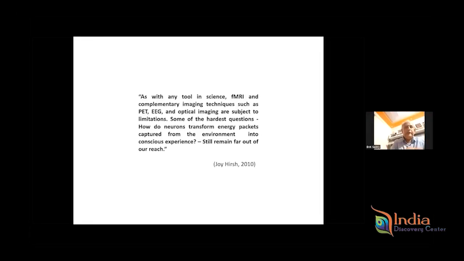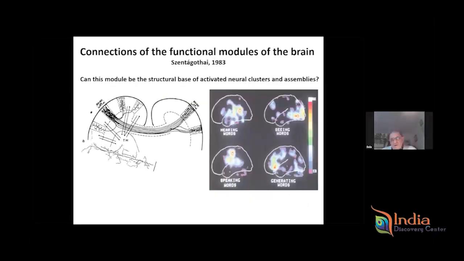What is the difference between speaking a word and generating a word? Because I saw that two different parts of the brain are lit up. Yes, that's right. In the last two, the bottom here, speaking words and generating words.